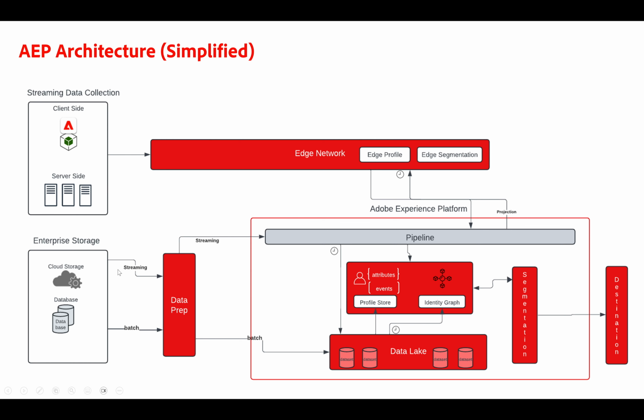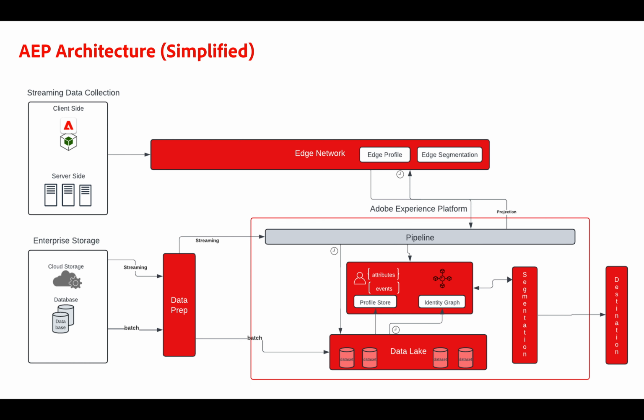And usually what you have in Adobe Experience Platform is data being sent to Adobe Experience Platform. There are two ways to do that, either by streaming it or by sending it by batch.